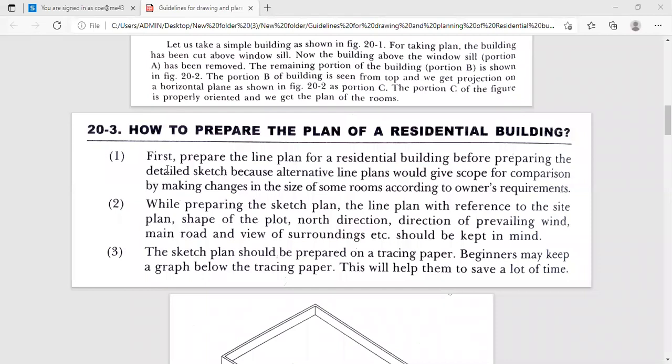After finalizing the line plan, we have to go for the detailed sketch plan. While preparing the sketch plan, the line plan with reference to the site plan, shape of the plot, north direction, direction of prevailing wind, main road, and view of surroundings, etc., should be kept in mind.